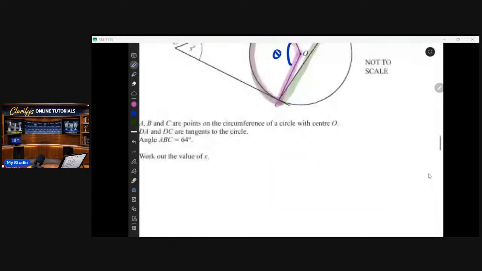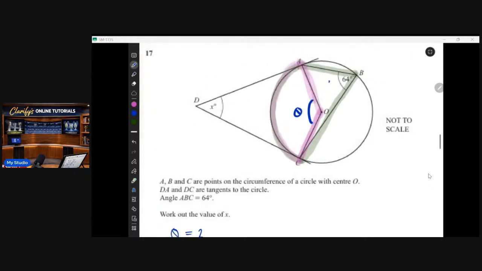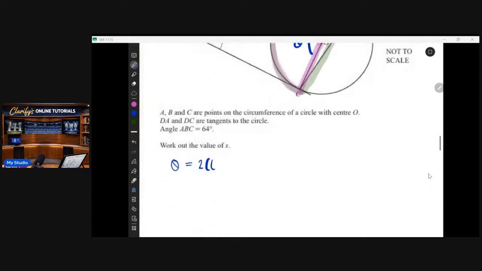Let's call it theta. We say the angle at the center, that's theta, is 2 times the one at the circumference, 2 times 64. So that means this is going to be what? 136 degrees. Oh, 138?